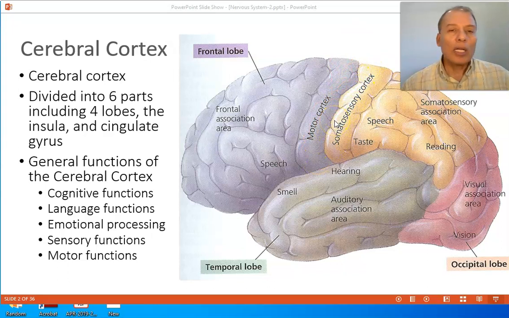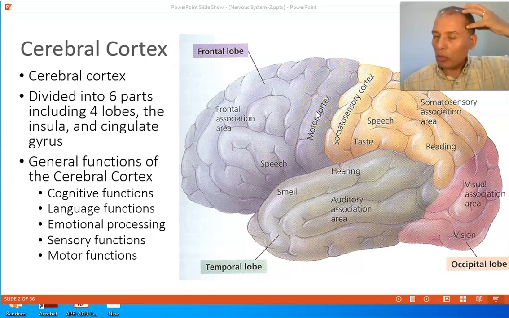These divisions are not random. They are divided based on the functions of each lobe, for example. And as you recall, each lobe is covered by a part of the bone of the skull. It gives the name to each one of these.